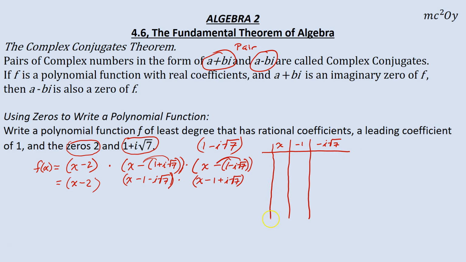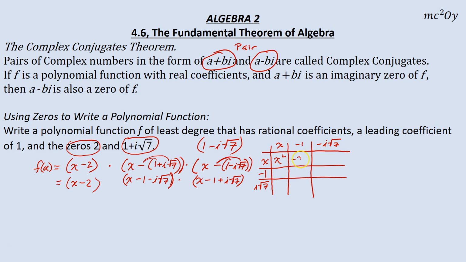Then down the other side, you list your other x, negative 1, and positive i root 7. Maybe my line's a little long and I'm going to be strapped for space, but I'm going to go ahead and do that. Now I can multiply x times x, x squared.